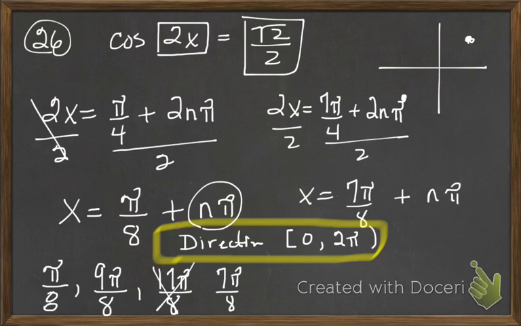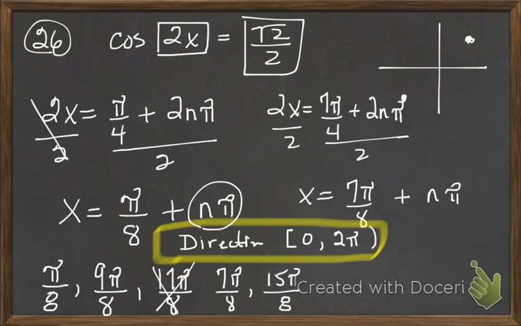And then I could add 1 pi to that. 7 pi over 8 plus 8 pi over 8 would be 15 pi over 8. Is that 2 pi yet? No, if I add another pi, that would be another 8/8. That would be 23 pi over 8, and that would be more than 2 pi.